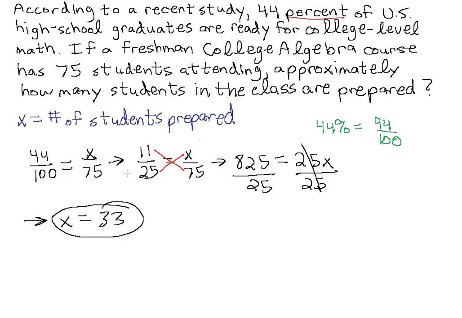This is why I harp on simplifying so much, because multiplying 44 and 75 would have everybody running for their calculators. But we took the time, in one step, to simplify 44 over 100 into 11 over 25, and we can multiply in our head 11 times 75.